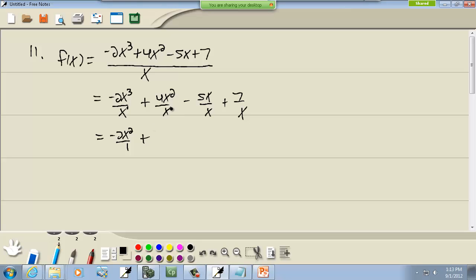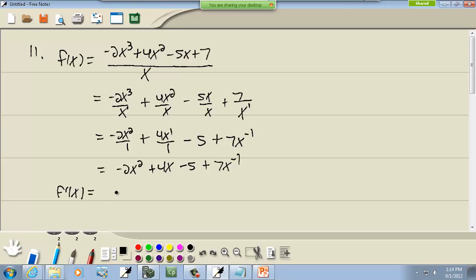Same thing here. 2 minus 1 is 1, so we're going to have x to the first power where the larger one was. On this one, that just becomes 5. And then this we have to rewrite as x to the negative 1. Again, this is a positive 1 power down here, and we take it up on top and it becomes x to the negative 1. So we got negative 2x squared plus 4x minus 5 plus 7x to the negative 1.